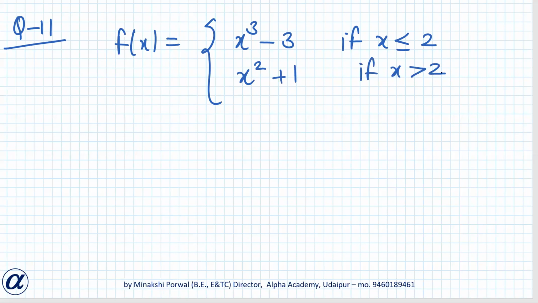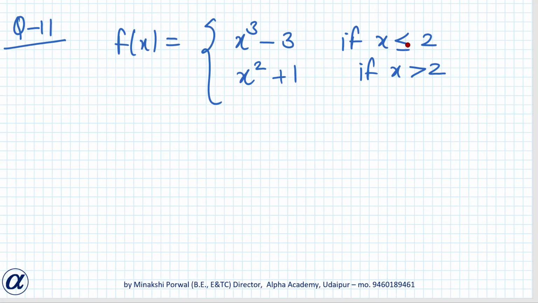For x less than 2, it is a polynomial function. For x greater than 2, again it is a polynomial function. So for x less than 2, we can say that it is continuous. For x greater than 2 also, it is continuous. Now, the definition of the function is changing at x equals 2.